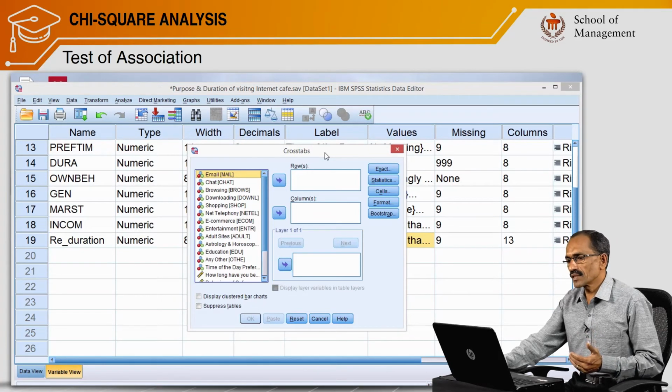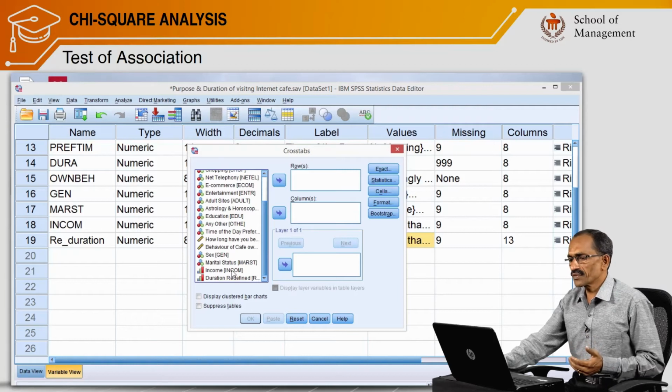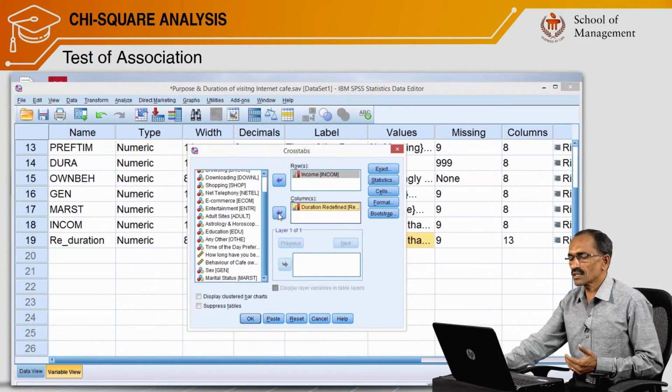The contingency table is the table that has been expressed in terms of rows and columns. So here we have the two variables of interest. One is income, that is expressed in categorical. So we can load into either row or column. I am loading it in row, and the next variable, duration, in column.